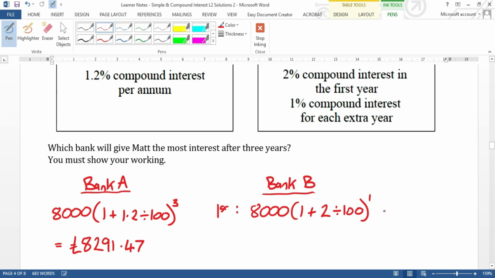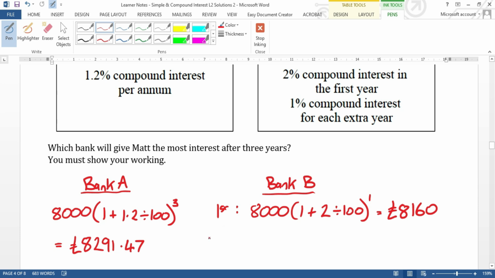Yep, so for the first year, I'll do it separately. There is a quicker way than this, but let me do it this way first, and I'll show you guys the really quick way. So 2% and close my brackets. That gives me, at the end of the first year, £8,160.